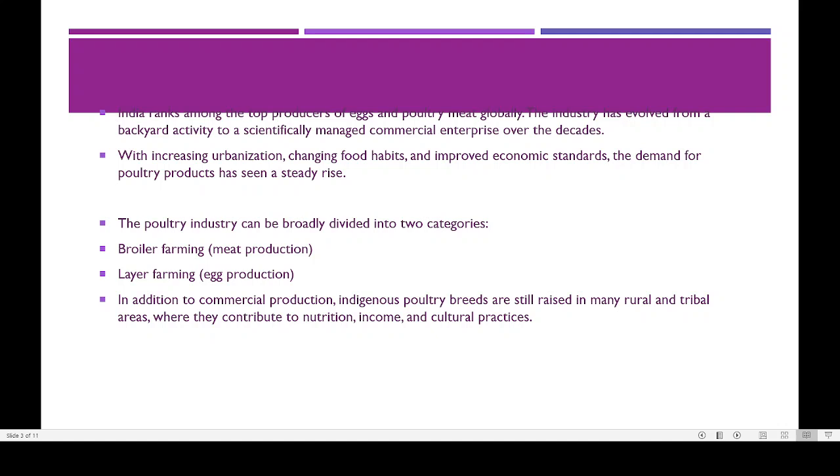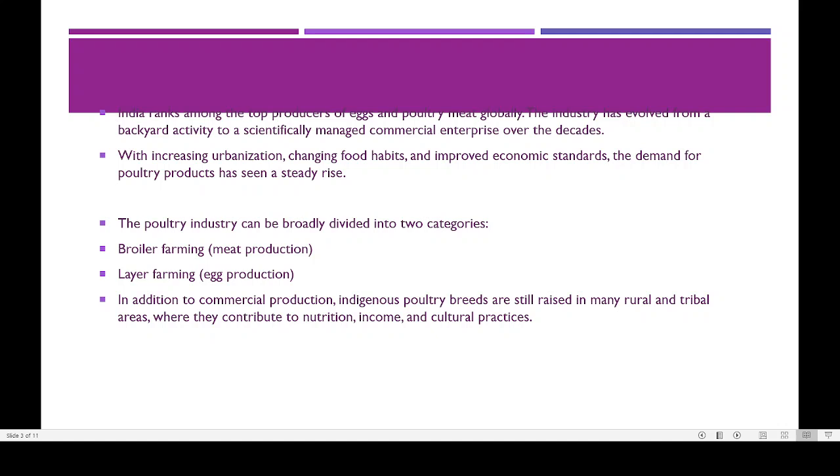When people are there, each person should get some quantity of eggs. If there are 1.4 billion people in India, they may require a lot of eggs, so that number of eggs has to be produced in India. Similarly, non-vegetarian people will mainly prefer chicken meat, so a lot of chicken has to be produced. So there is a very high demand for chicken meat as well as eggs.